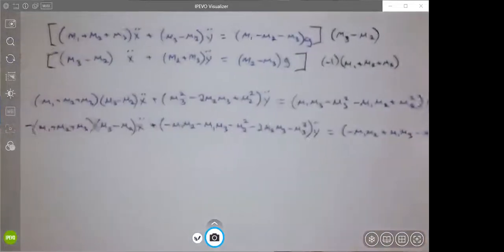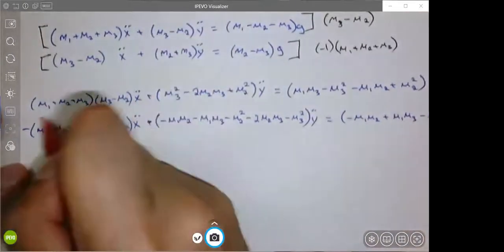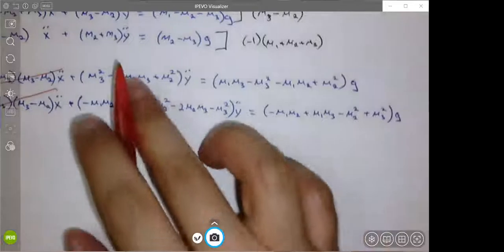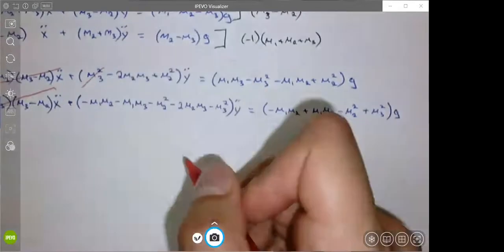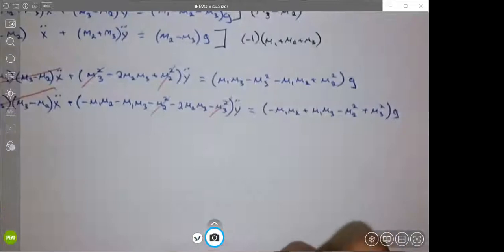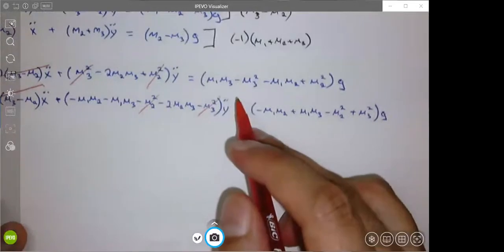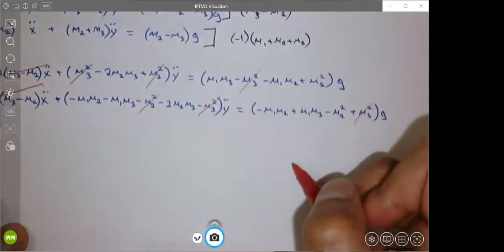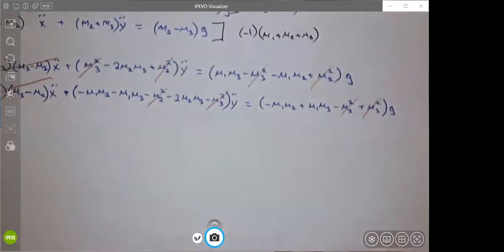Oh boy. Well, first things first, when we add these two equations together, all of this and all of that is gone. Great. Then we need to look at this and see what will cancel out. M3 and M3 cancel out, M2 and M2 cancel out here, and then whatever is left over, these two you can add together. Over on this side, we have the M3 and the M3 that cancel, and the M2 and the M2 that will cancel. What are we left with?